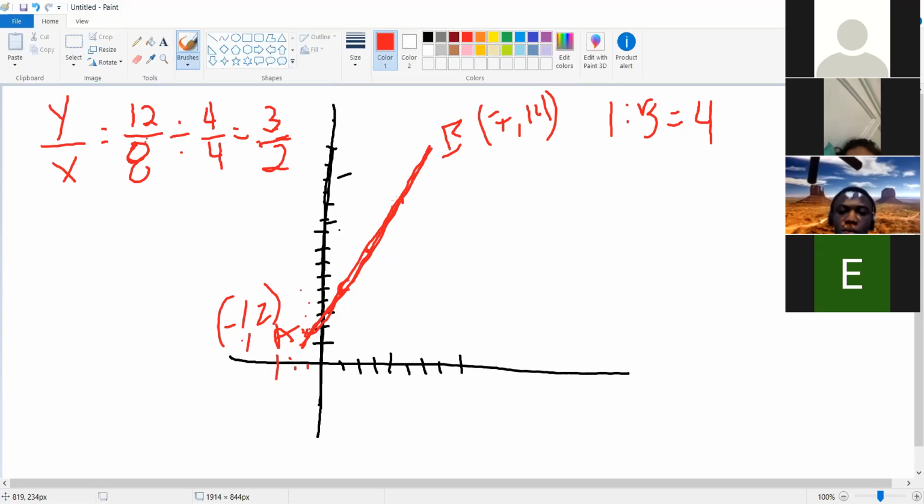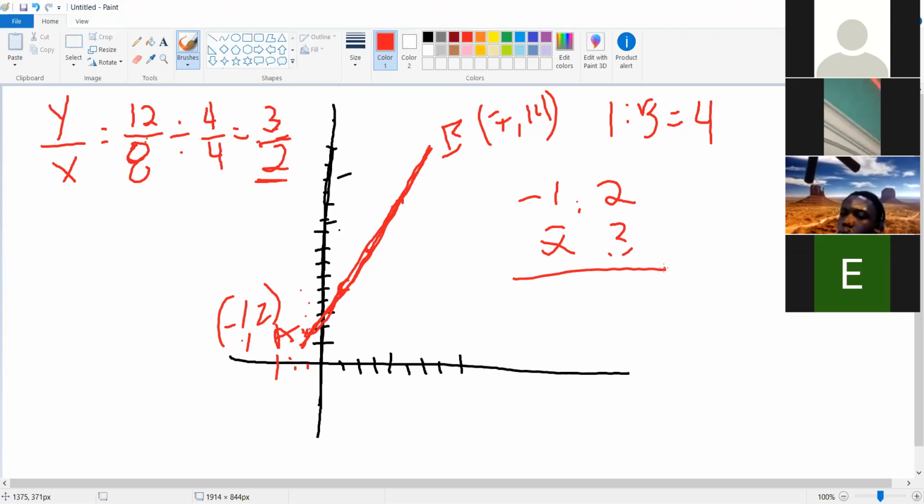But the other way we could do it, since it's a 1 to 3 ratio, we can take our point right here of -1, comma 2, and add, now the 2 is our x, so add 2 and add 3. So that's going to be 1, comma 5. So that partitions to right here, 1, comma 5.